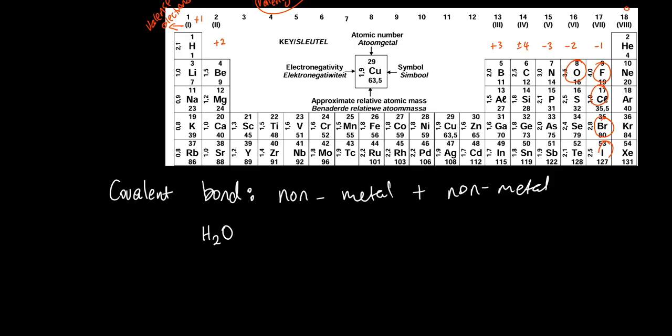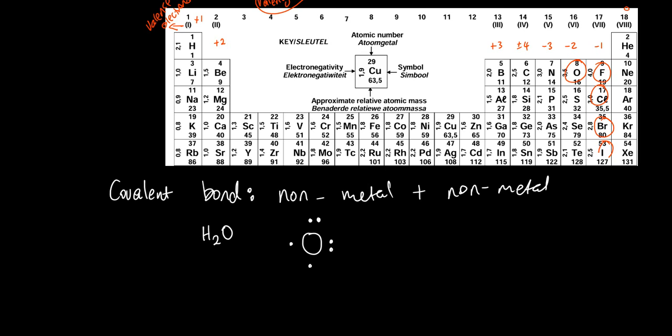For oxygen, how many valence electrons does oxygen have? 6. So we say 1, 2, 3, 4, 5, 6. That's good.